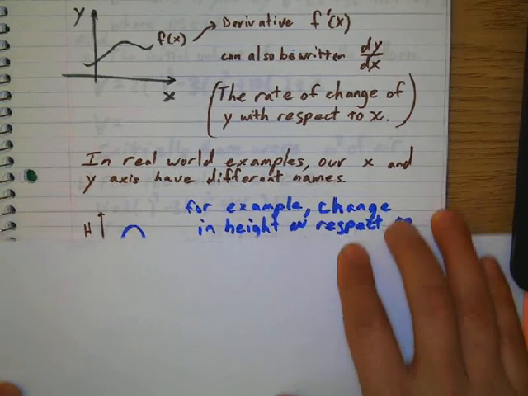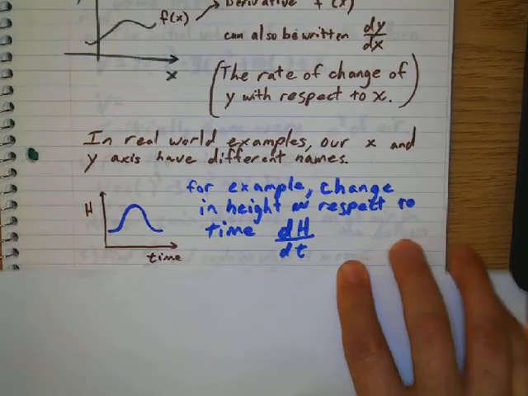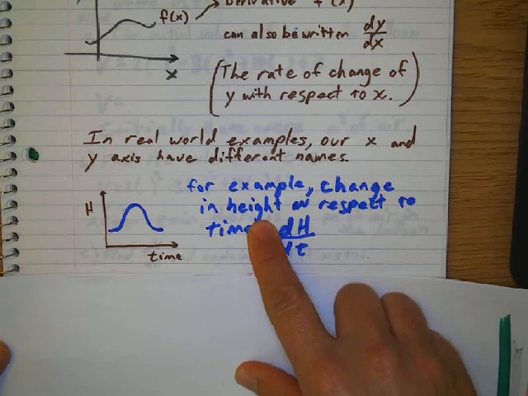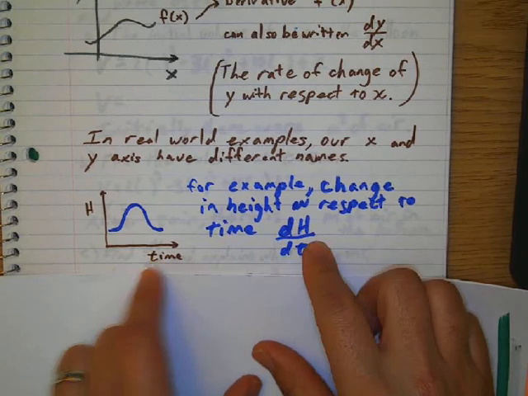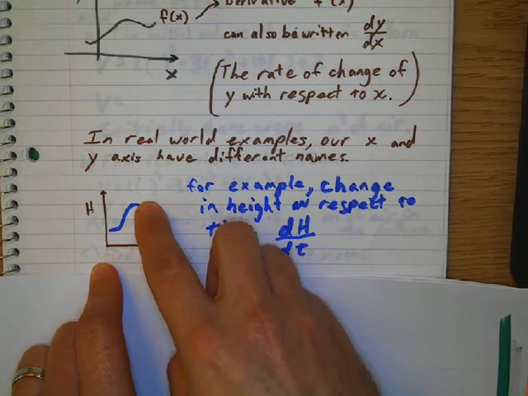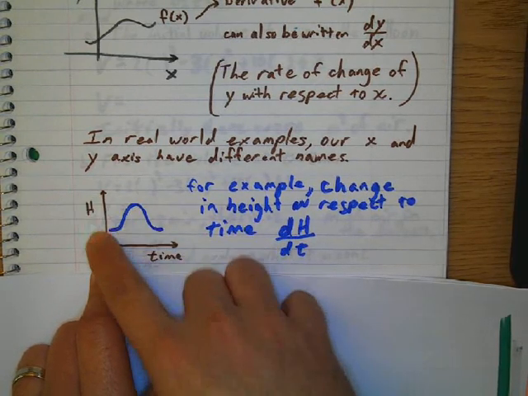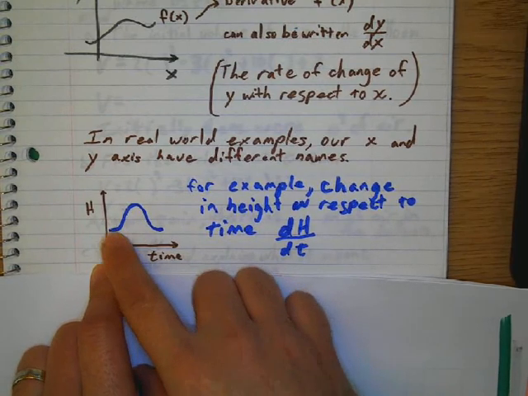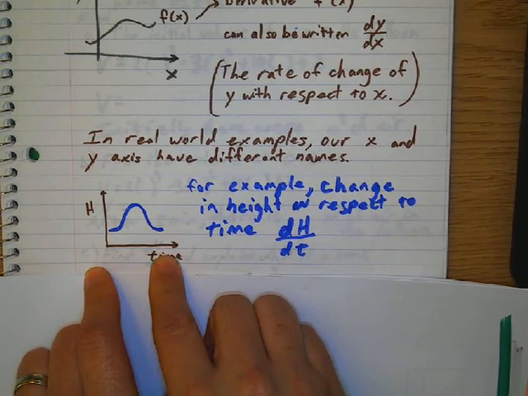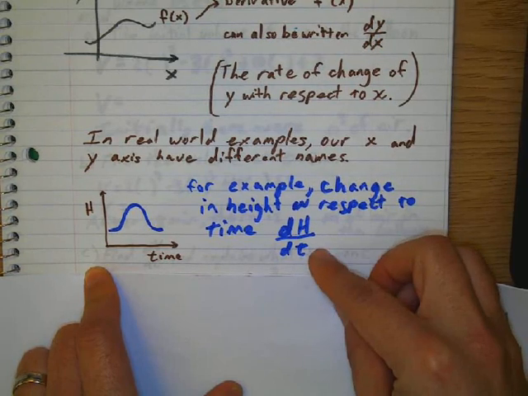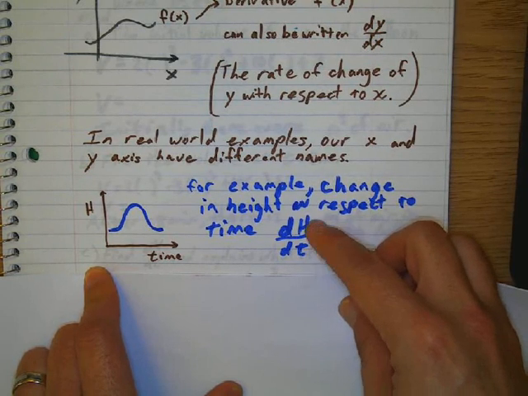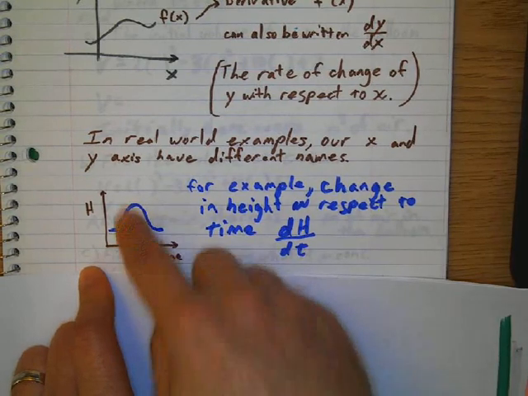So, for example, what if we're talking about the height of a Ferris wheel with respect to time? The Ferris wheel goes up, it goes down, right? Then I could have some sort of height measurement, I could have some sort of time measurement, and instead of dy dx, we would say dh dt. So these letters here represent the things that I'm comparing.